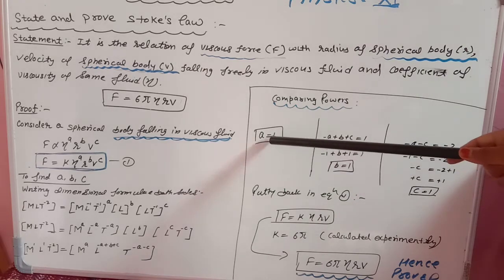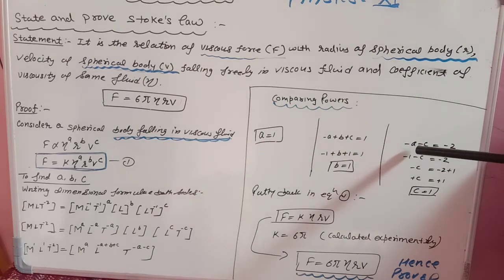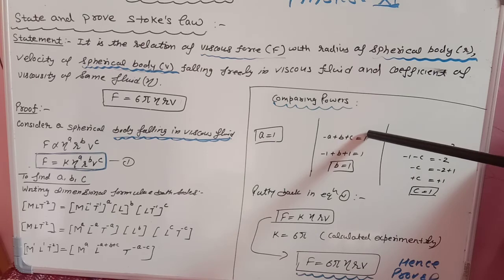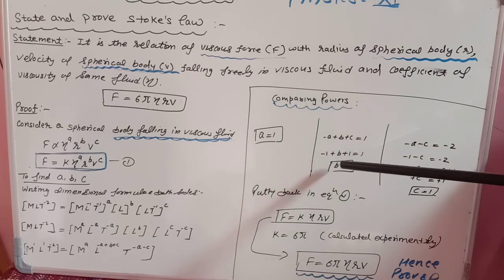Students, now you can see here a equals 1. So first I am putting a equals 1 in this equation. So minus 1 minus c equals minus 2. Minus c is equal to minus 2 plus 1, so it is minus 1. Minus and minus will cancel, and c will be equal to 1. The value of a is 1, the value of c is 1. So put these values here: a is 1, c is 1.